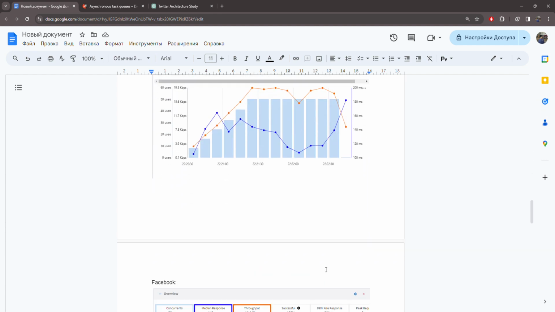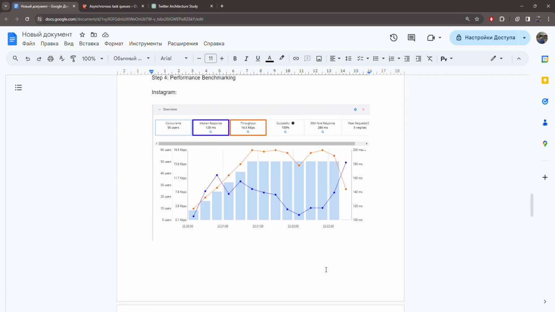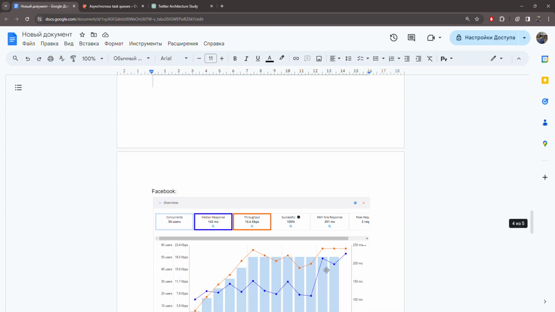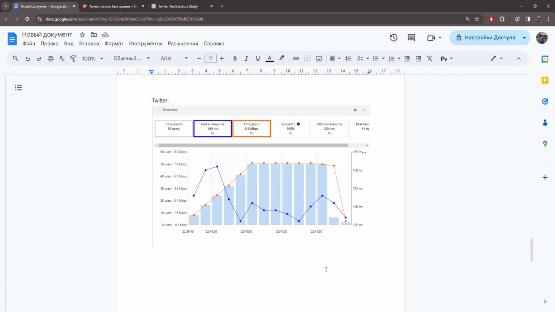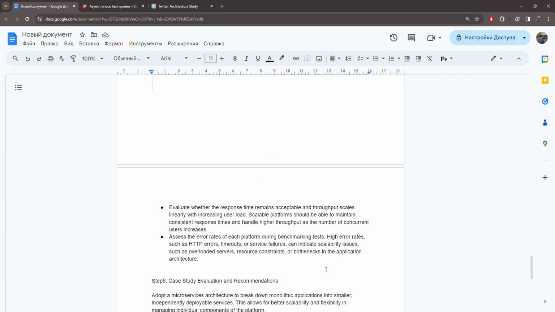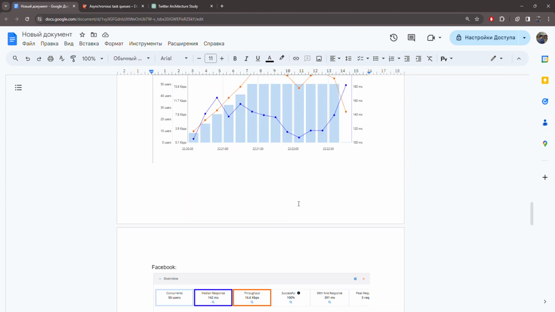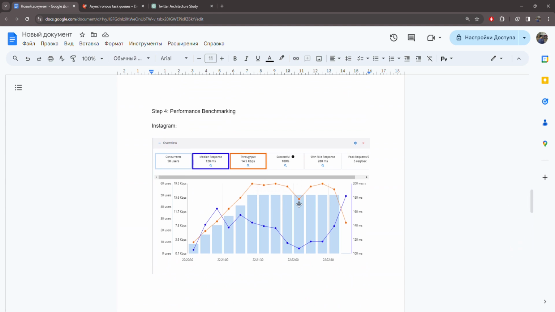Performance benchmarking. So I did some analysis with a special tool for Instagram, for Facebook, and for Twitter login pages. There is a condition for good scalability: evaluate whether the response time remains acceptable and throughput scales linearly with increasing user load. For Instagram, we can clearly see that when median response is growing, throughput also is growing, so it's okay, and it does not take a lot of time.